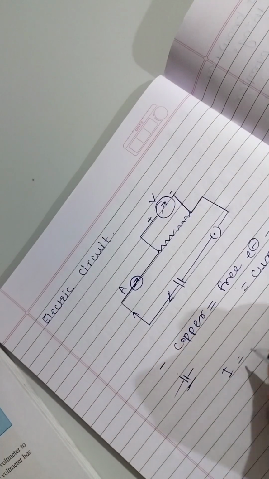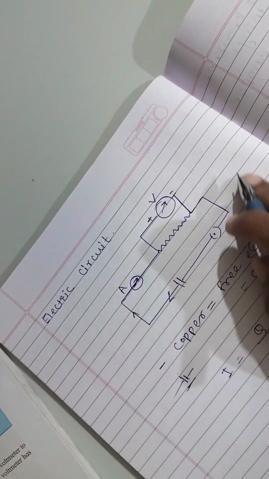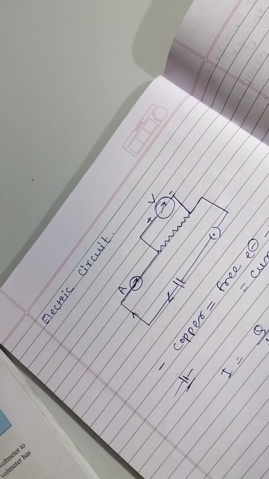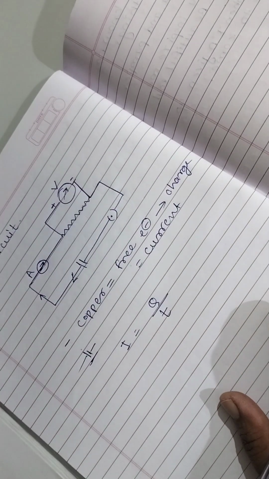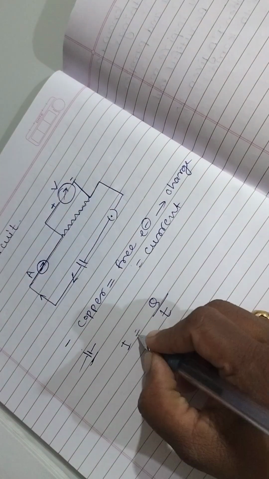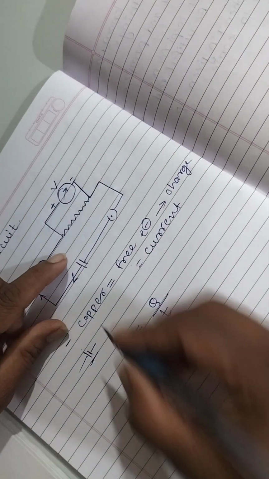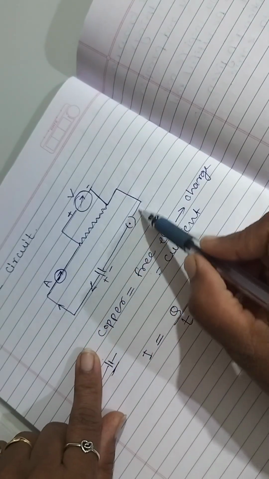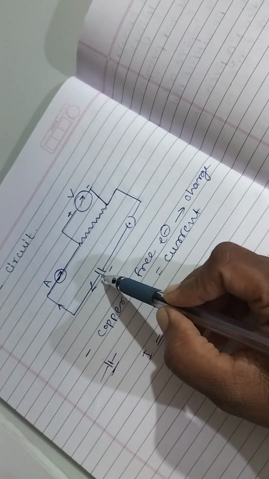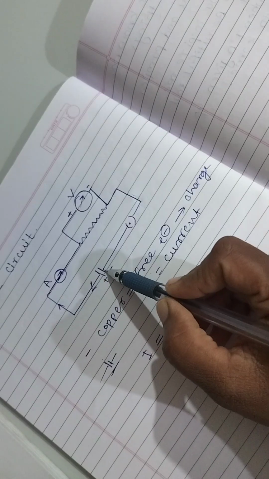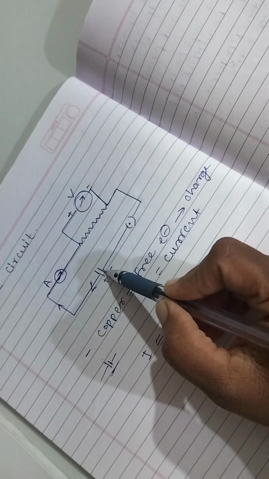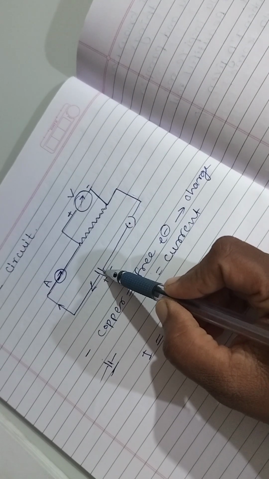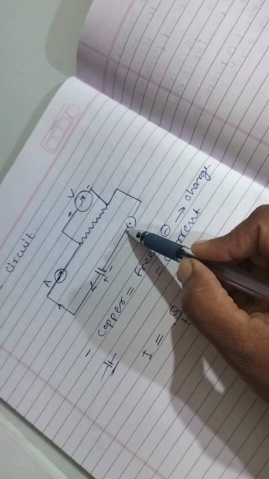So current is nothing but the charge moving through this conducting wire per unit time, right? And what is the potential difference? Potential difference means when we are connecting this wire to the two ends of the battery. One is the positive end, another is the negative end. Negative end means the electrons are moving from this side.